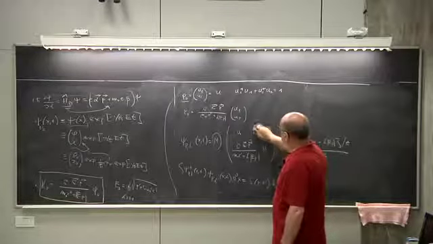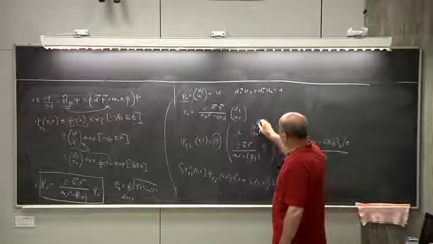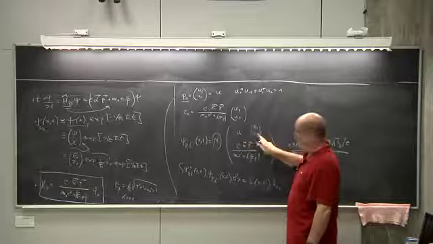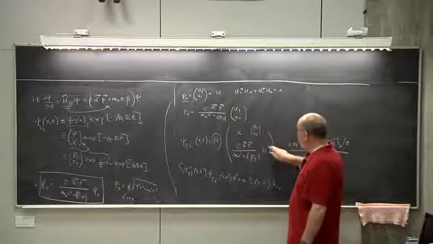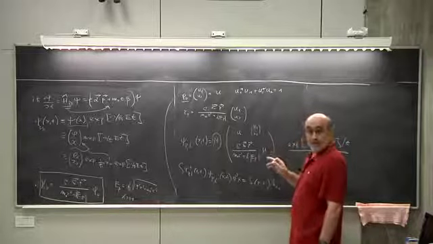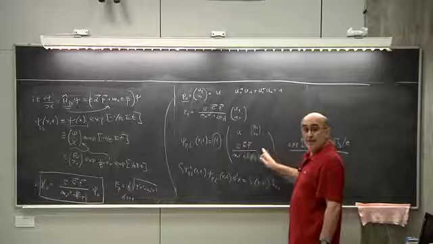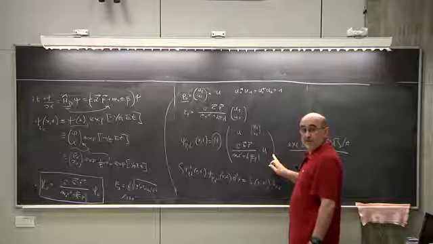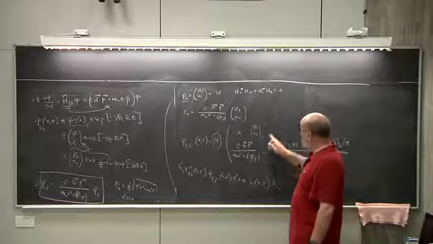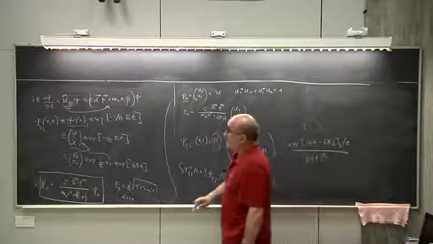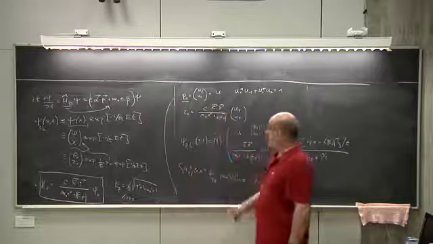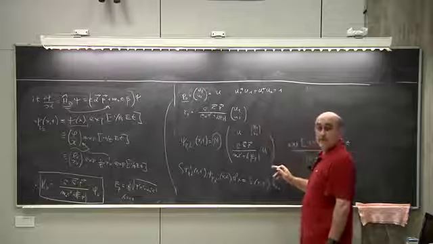Phi is U1, U2, these two. So everything is correct. I have a 2 by 2 matrix that acts on a column made of two numbers. And so altogether, this is a 4-vector like it should be. 2 here and 2 here.